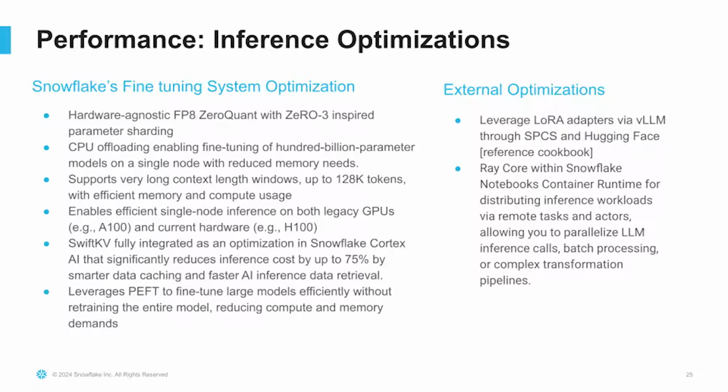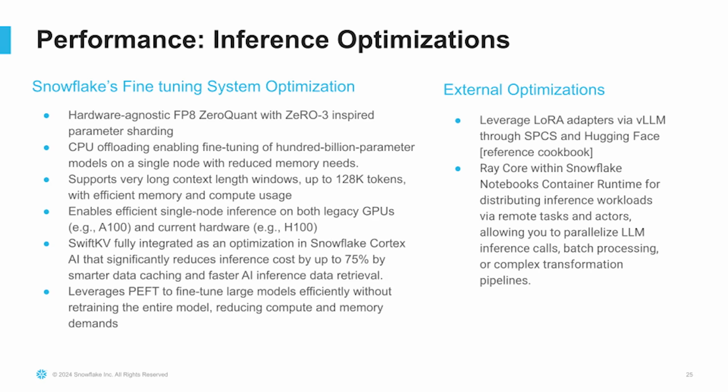We have CPU offloading, which enables fine-tuning for hundreds of billions of parameters on a single node with reduced memory needs. In addition, we support very long context windows up to 128,000 tokens, which enables efficient memory and compute usage. Taking it one step further, we enable efficient single node inference on both legacy GPUs and current hardware.